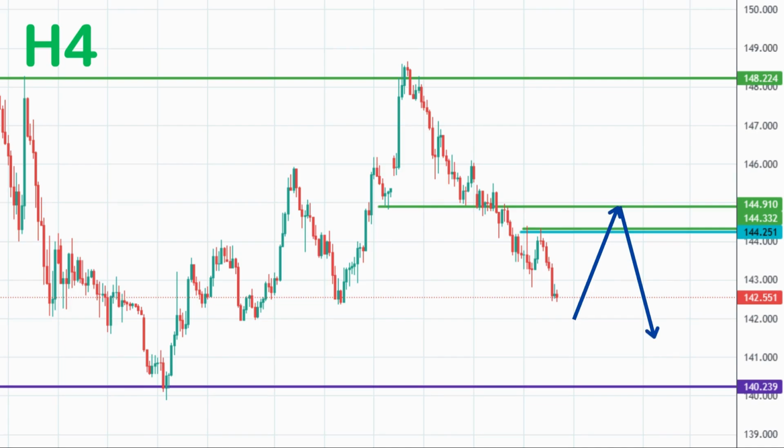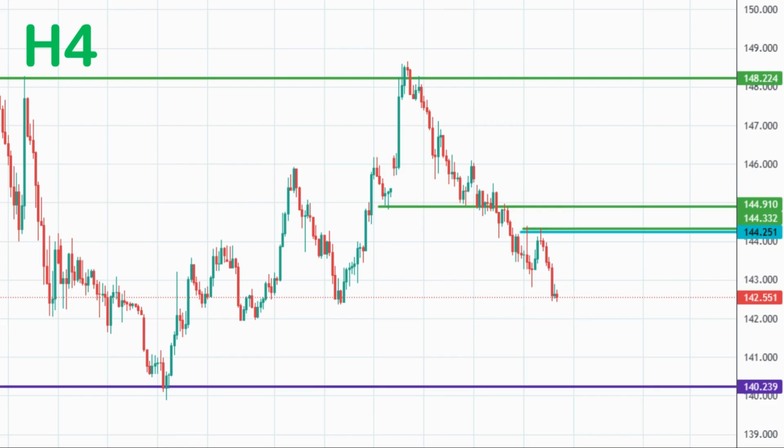Even if price breaks the 4-hour swing high, there's another resistance just above it, the former 4-hour swing low. So a bounce from there is also possible. If both levels are broken, avoid entering short again until the 1-hour trend turns back down. If price continues falling from here, it's safer to stay on the sidelines.